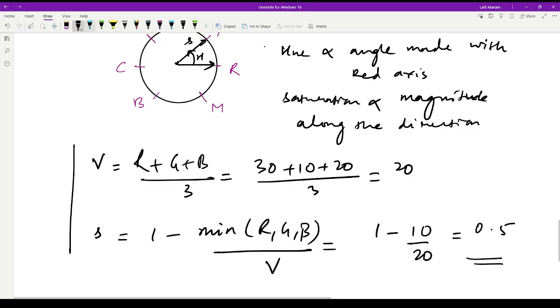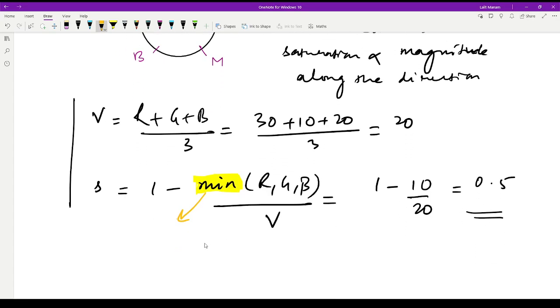Well, if you see this operator out here, is minimum a linear operator? Minimum is non-linear, right?